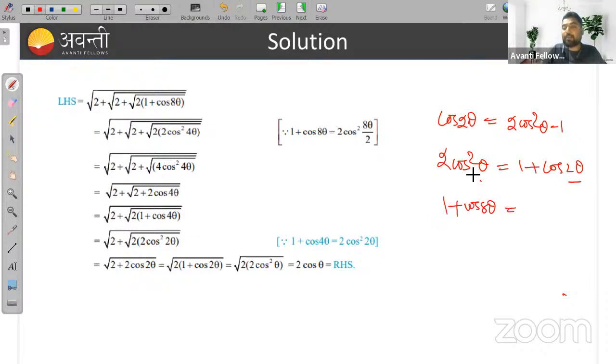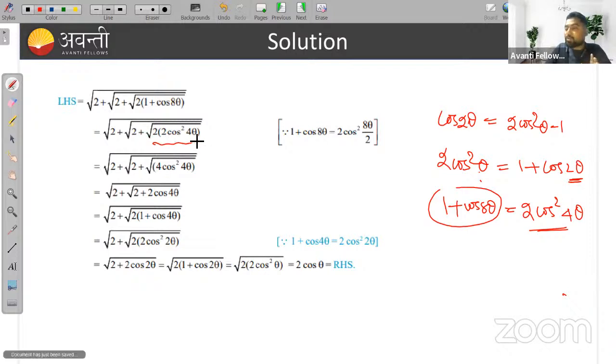That means when you are having 2 theta, here you have theta. So when you are having here 8 theta, you will be having 2 cos square 4 theta, that is 8 theta by 2. Simple. So in place of 1 plus cos 8 theta, we can write 2 cos square 4 theta. Is it clear? Now under root of 2 into 2 cos square 4 theta.